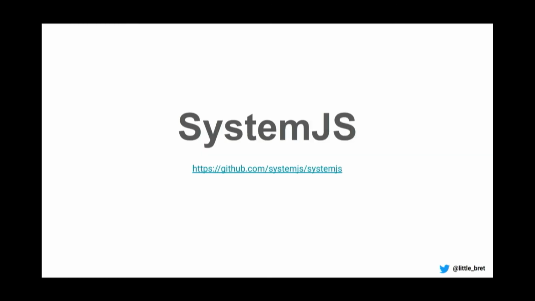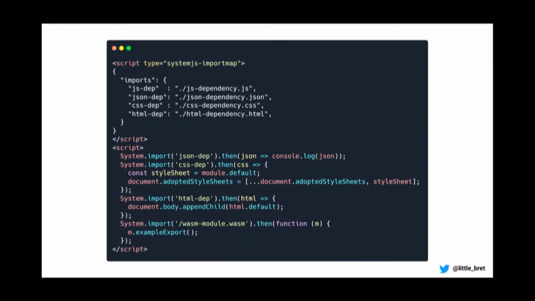But there's a project called System.js. System.js is kind of like a polyfill for all of this. With System.js right now in the browser, you can run almost all of these modules, and it works. To give you a simple example, this is what it would look like with System.js. Here's our import map at the top.